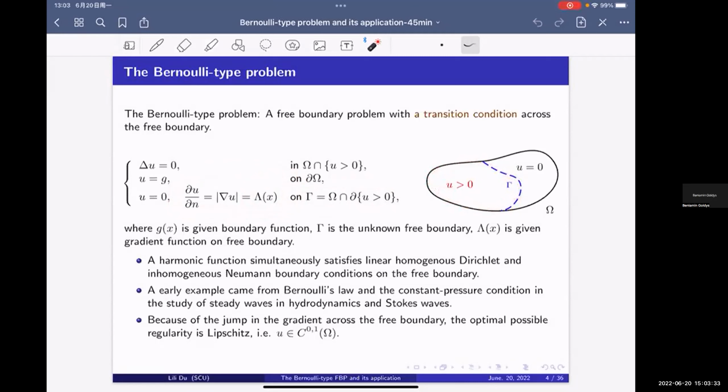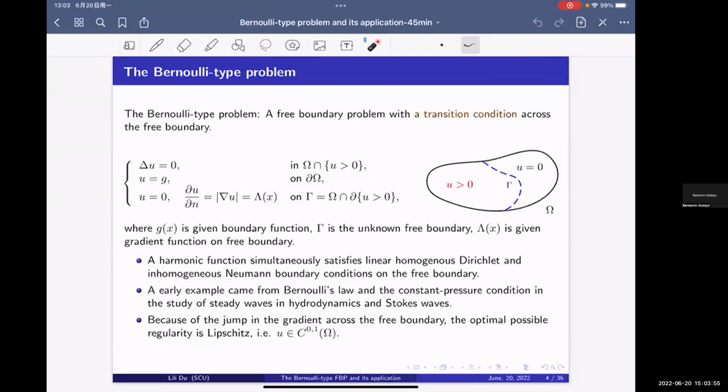So the Bernoulli-type free boundary problem means that we want to seek a harmonic function satisfying a linear homogeneous Dirichlet boundary condition and an inhomogeneous Neumann boundary condition on the free boundary.